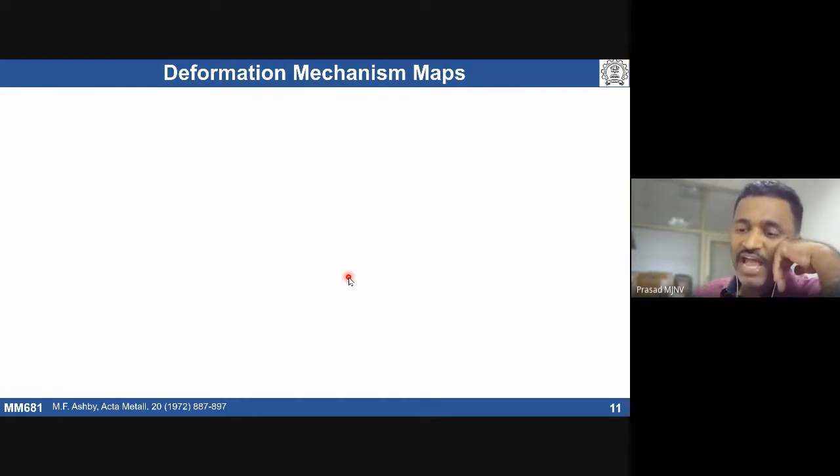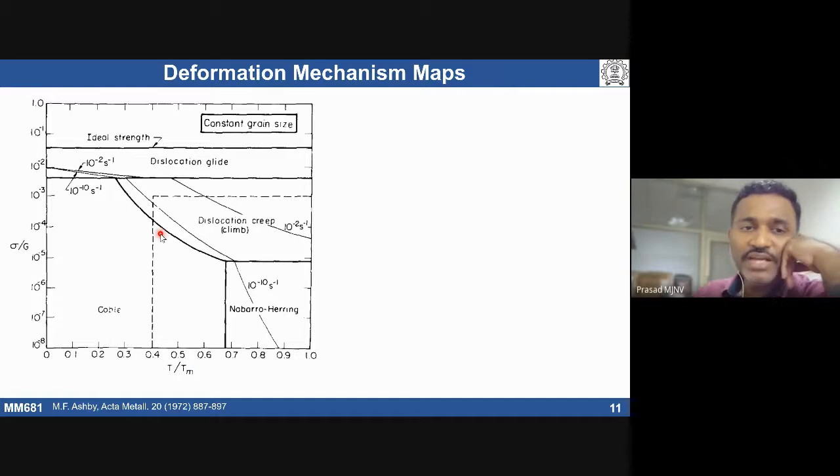Ashby was the first one who introduced the deformation mechanism map to represent various mechanisms which can happen in materials. A typical Ashby map is usually constructed for a constant grain size. For a constant grain size, the other two variables are sigma and T. These are normalized: sigma by G, the shear modulus, and T by Tm, the melting point of the material.